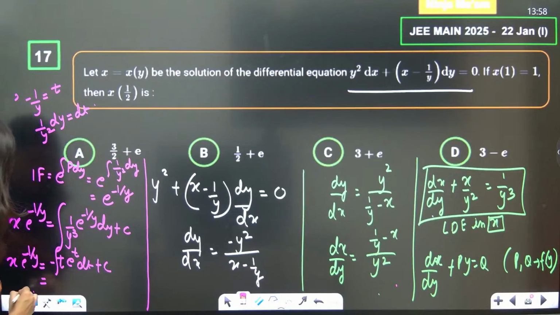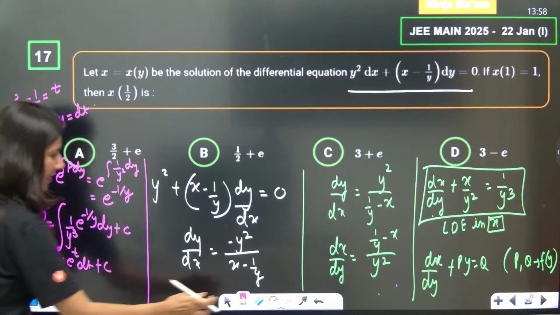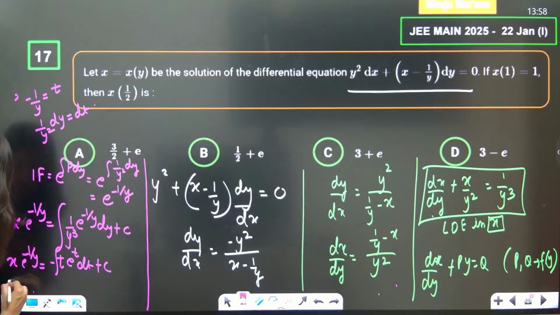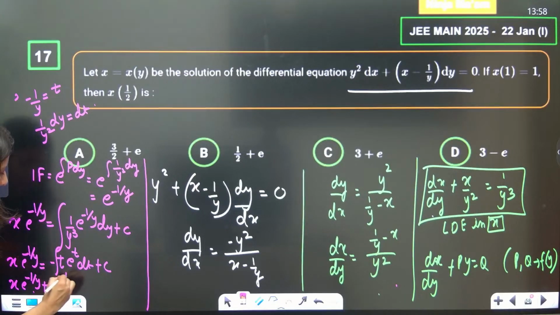If you apply by parts, let's shift this to the left hand side and apply by parts. x e power minus 1 by y plus, first function constant, integration of second function, minus this, plus c, is equal to 0.